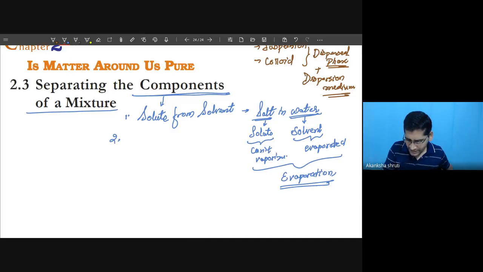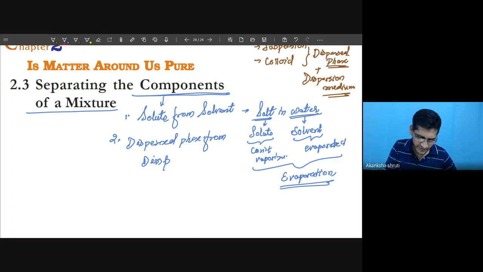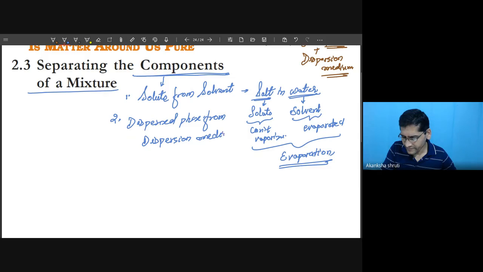It may also be possible that there is a dispersed phase to be separated from the dispersion medium. So how to separate these things?